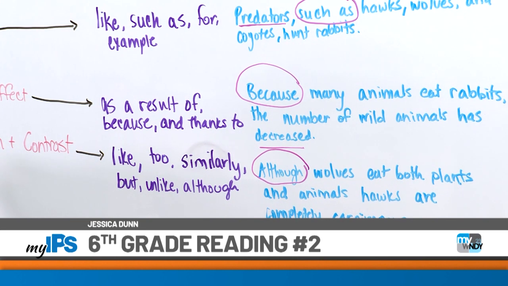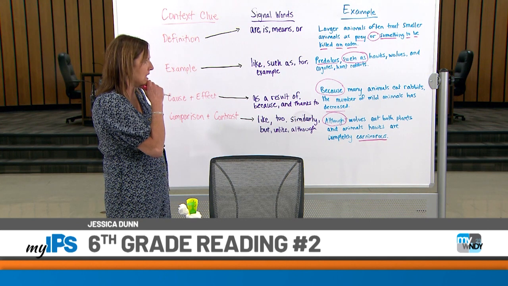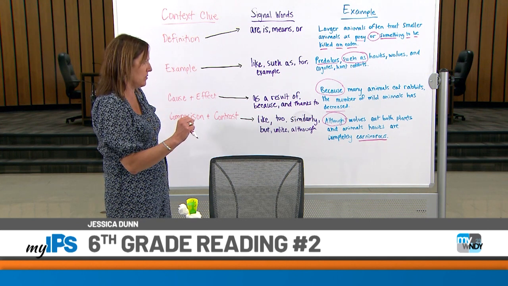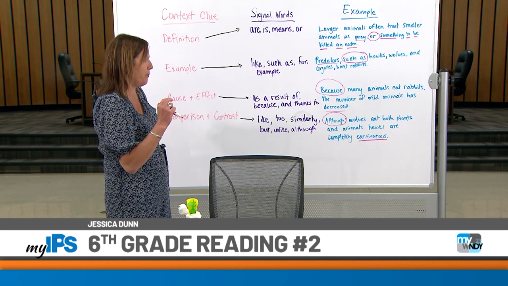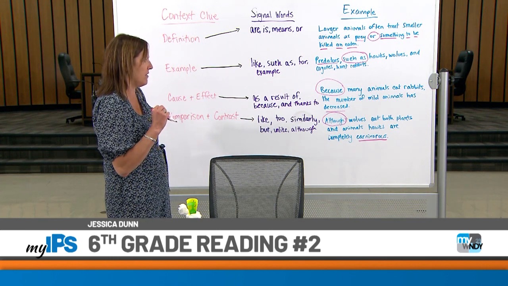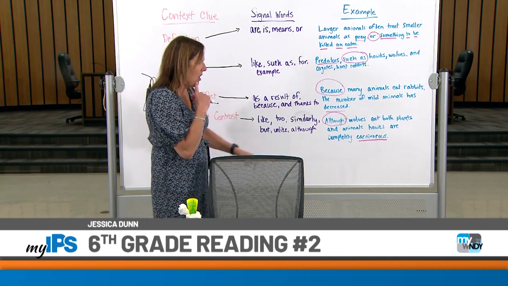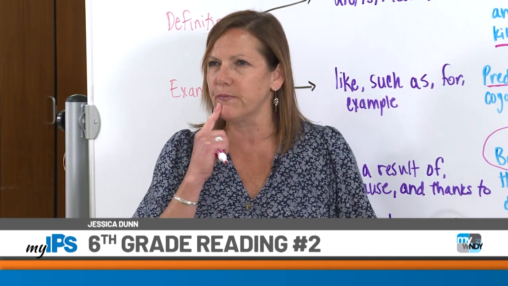It's a comparison and contrast. So let's see here. Although wolves eat both plants and animals, so both plants and animals, hawks are completely carnivorous. So they're saying wolves eat both plants and animals, but they're saying that hawks are only carnivorous.